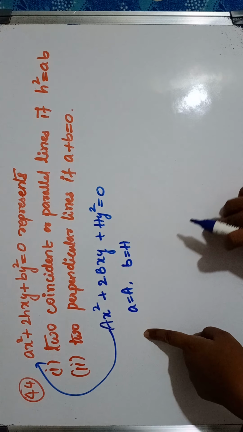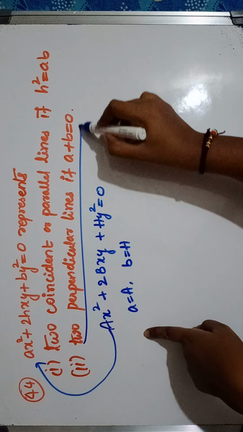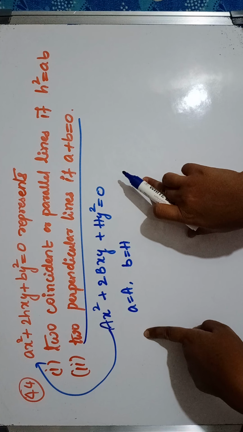See, we need to find out when the given two lines are perpendicular, what is the condition? If two lines are perpendicular, then a plus b is equal to 0. This is the important note.